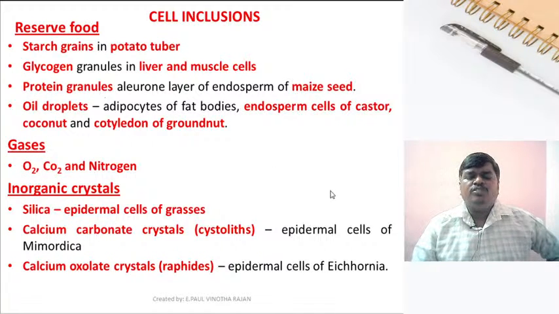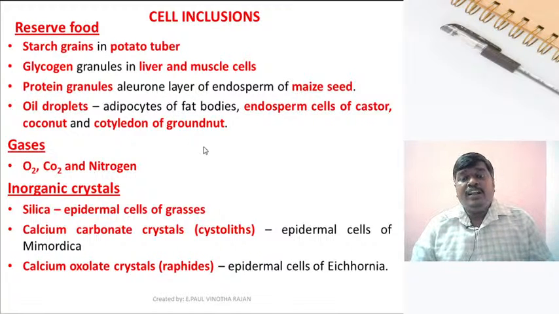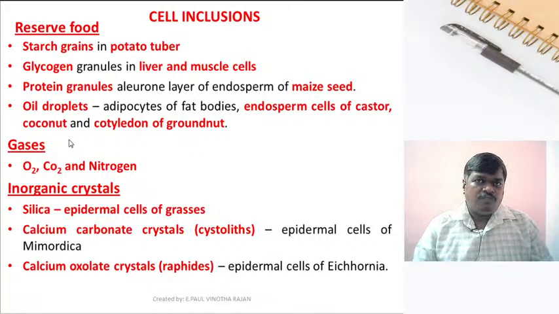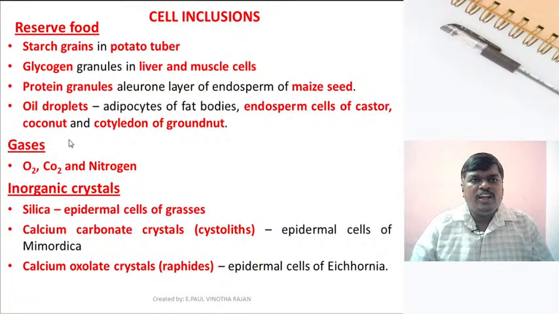Protein granules: if you see the monocot seed, there is one layer that covers the endosperm, called the aleurone layer. This aleurone layer contains protein granules. Oil droplets occur in adipocytes, which are present beneath the skin. The endosperm cells of castor and coconut, and the cotyledons of groundnut seeds, are all oil seeds. They contain oil droplets that are reserve food materials.